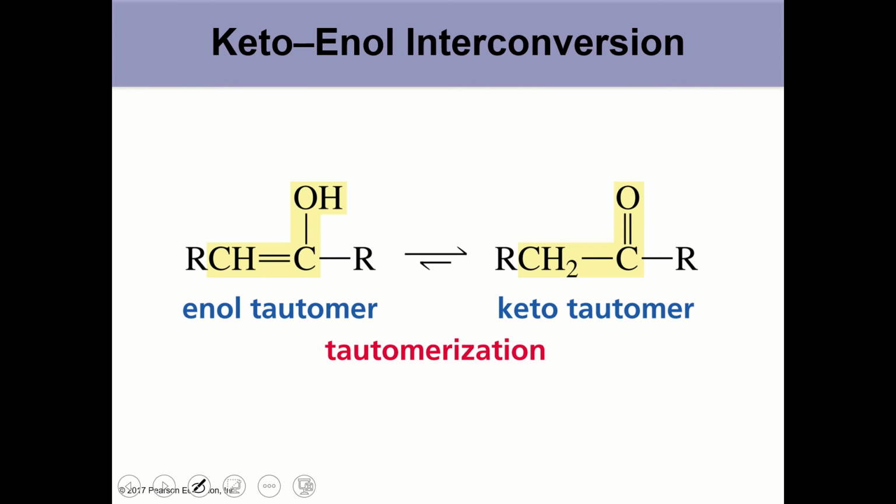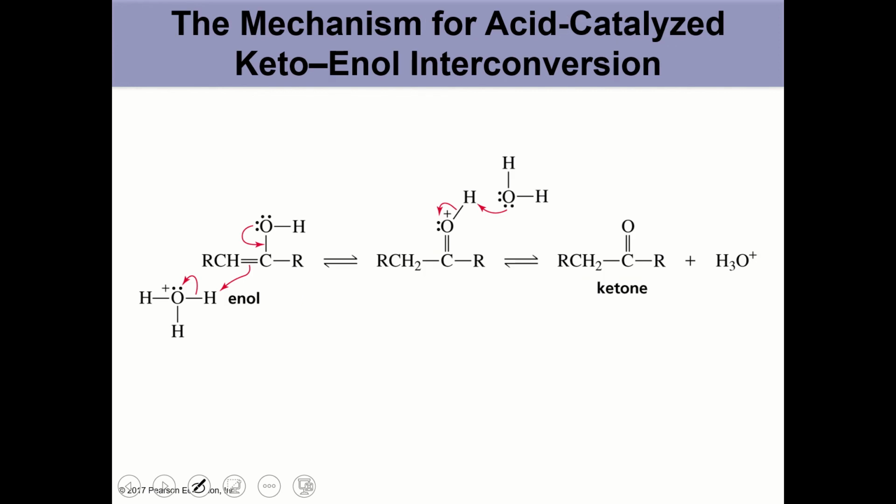So whenever we form an enol, it is almost always going to rearrange to the keto tautomer. The switch between OH and a carbonyl group is called tautomerization. And we're going to look at what tautomerization is. So we start at the point that we have the enol, and I can actually go back and show you the full mechanism.